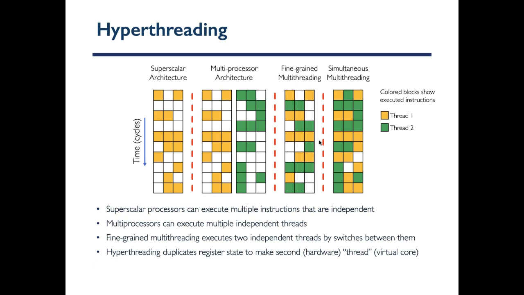The first program counter points to thread 1, and the second program counter points to thread 2. And at each cycle, I try to fill up all these empty spots. As long as each one of these threads has instructions for me to run, I can run those instructions. So I'm not multiplexing between them. I'm actually, at the same time, fetching instructions from each one of these threads. So this achieves the highest levels of utilization.